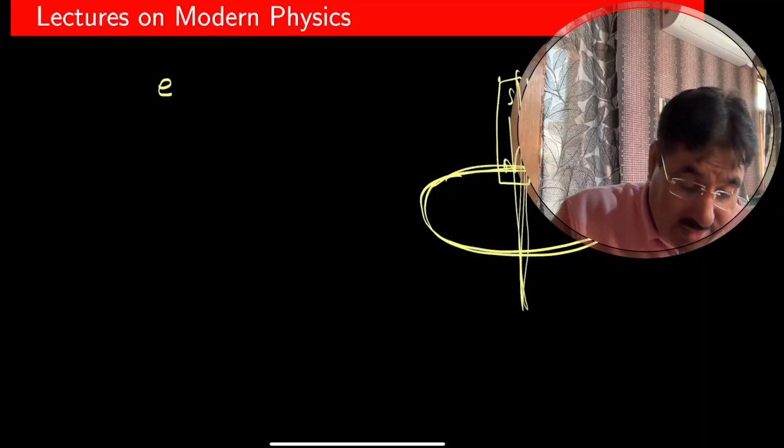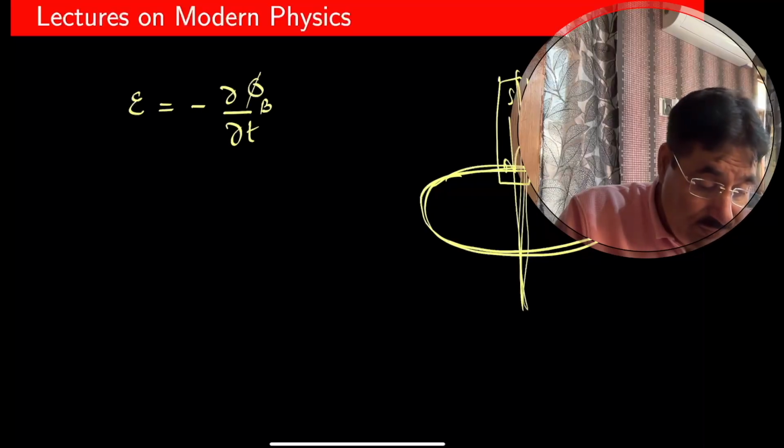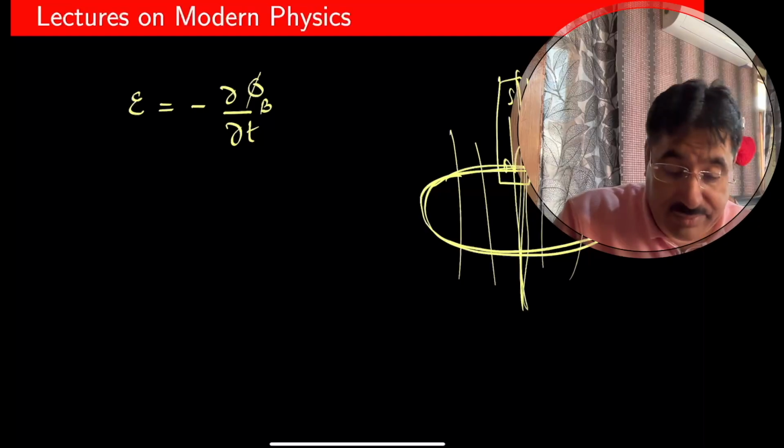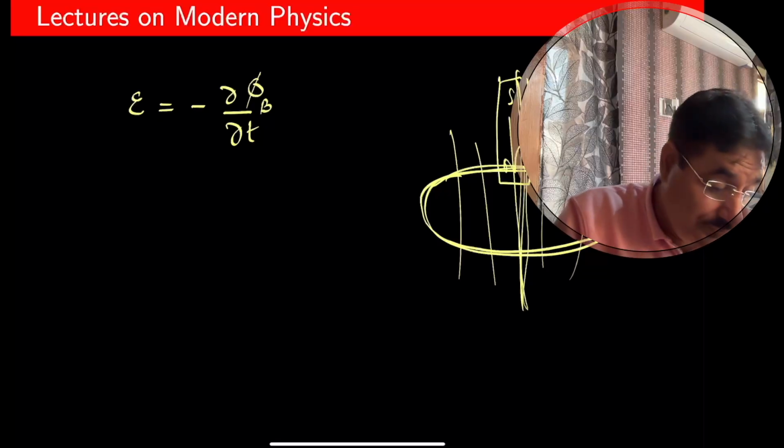What Faraday found was that the EMF induced in the coil is minus the rate of change of magnetic flux, right? How much magnetic flux is changing through this wire, through this surface.